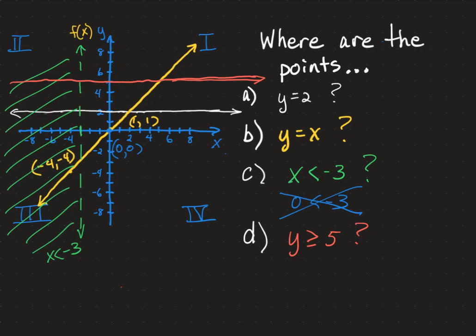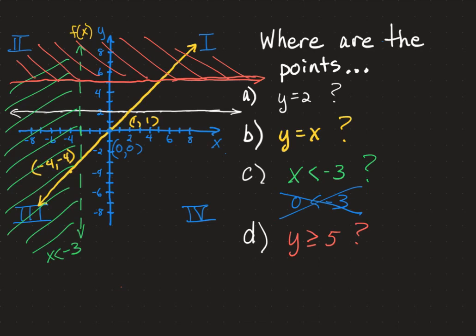For the y value, it always equals 5, and it's a little bit sloppy there. I'm sorry about that on the right. But those points include the points on the line y equals 5 and anything above them. You want to check the origin. The y value of the origin is 0. Is that greater than or equal to 5? No. So we shade the opposite side of the line.